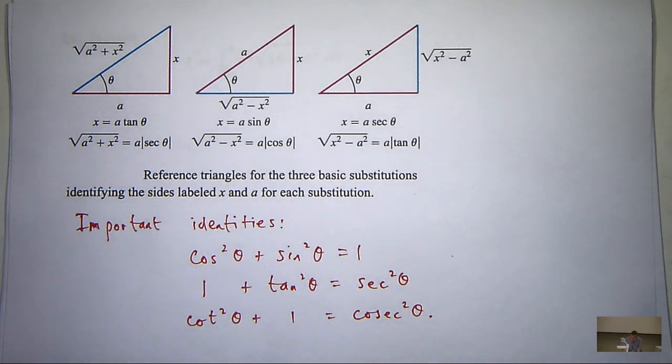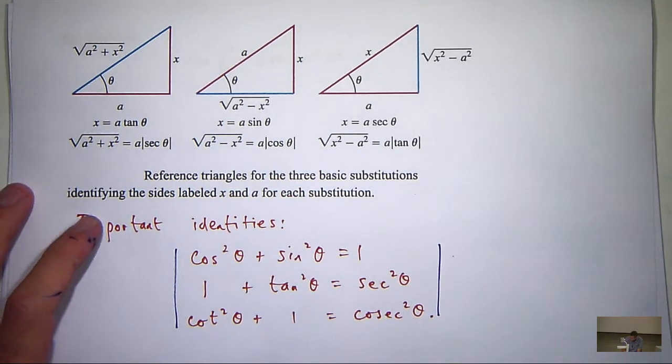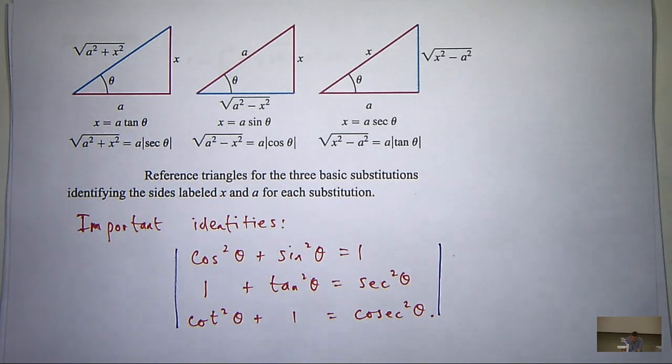Usually I construct the necessary triangle when I do the problem. Another important idea is these identities. I can't remember all of them. All I really need to know is the first one, cos squared plus sine squared equals 1. You can get the other two from that first one just by dividing by cos squared or sine squared.